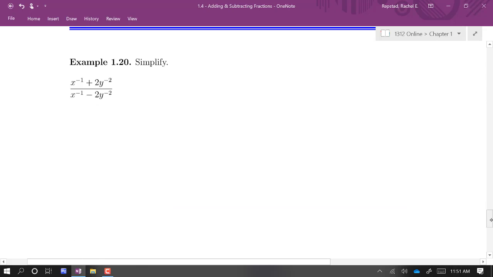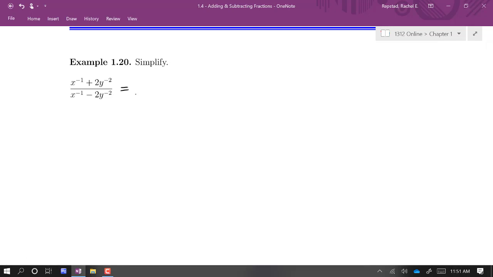Okay, in this next one, again, the first step in simplifying a complex fraction is just recognizing when you're looking at a complex fraction. We defined a complex fraction to be one where we have fractions inside of fractions. So when we look at this, it might not be obvious, but negative exponents are fractions. And trying to hide fractions within fractions by using negative exponents will never work.